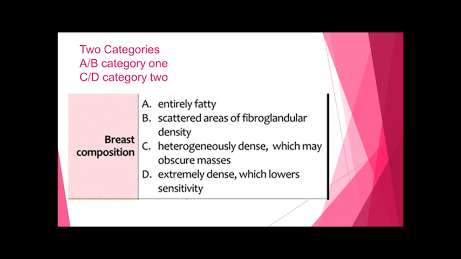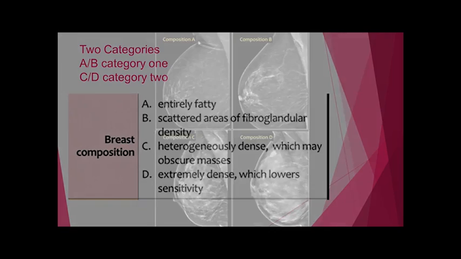So 2 different categories, Category 1 and Category 2. Category 1 is A and B. A, as we know, is entirely fatty. B is scattered areas of fibroglandular densities. So you would send in that category, and then the second category is C and D. C is heterogeneously dense, which may obscure masses, and D is extremely dense, which lowers sensitivity in mammography.